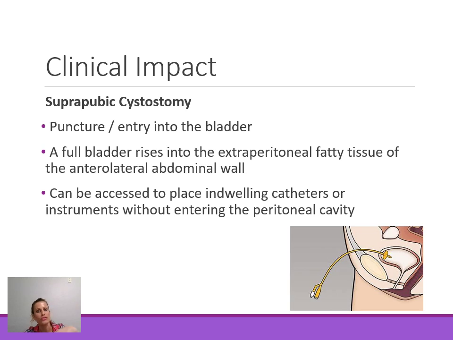So the bladder rises up anterior to the peritoneal cavity, just deep to the muscles of the anterolateral abdominal wall. So it can be entered relatively easily, again, without having to go through the peritoneum, without having to access the peritoneal cavity at all.